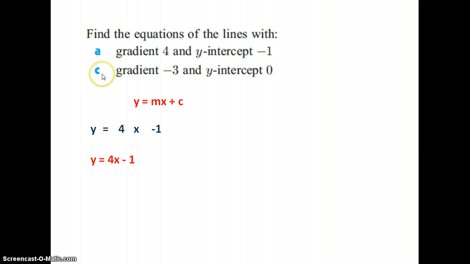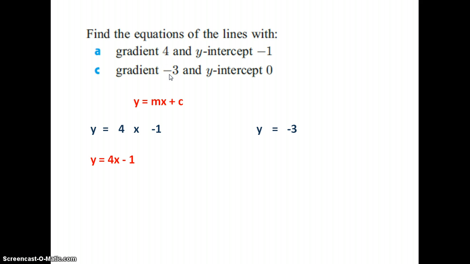Okay, let's try letter C. When your gradient is negative 3 and your y-intercept is 0. Again, following this format of gradient and y-intercept form, you have your y there, the equal sign, and then m. M is your gradient, which is negative 3.